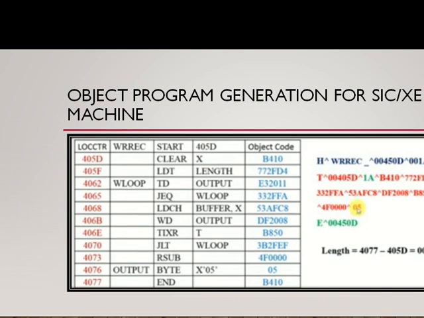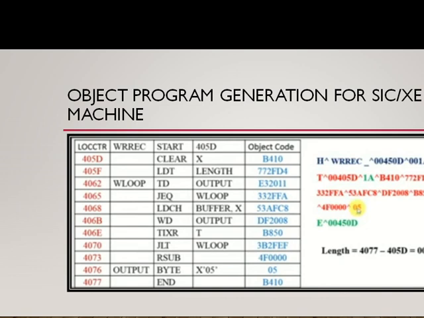The first column is represented with an H and a space with the name of the program, which is here WRREC, after the location center in the first row. So which is written here. Then the starting address of the program, that is 405D.